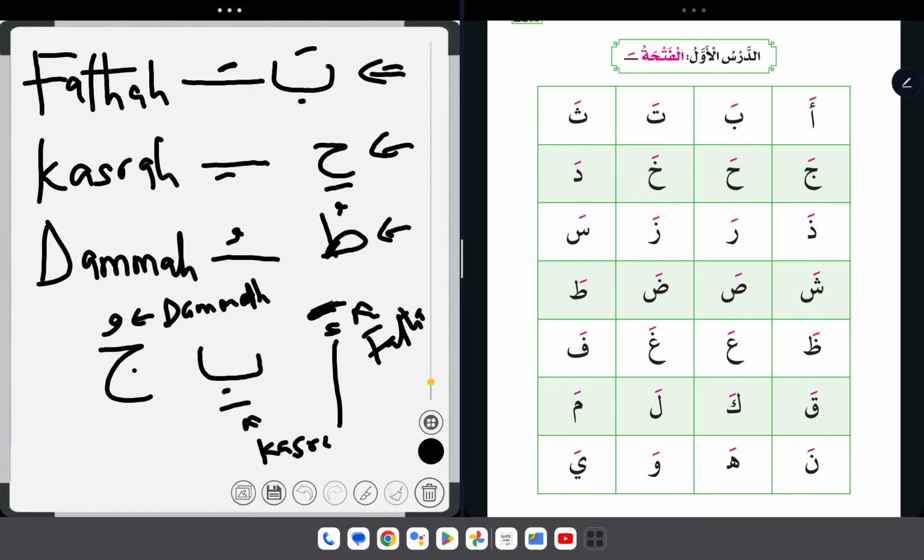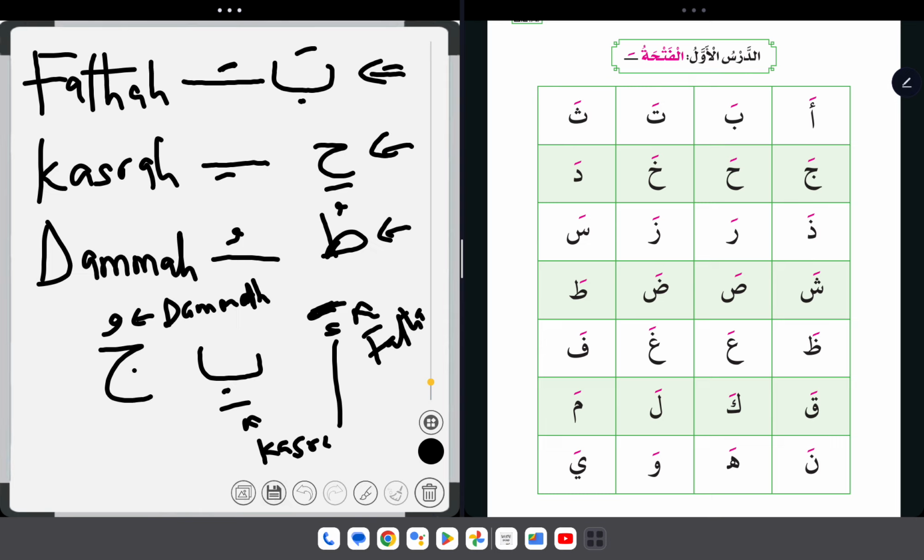All of these letters are carrying Fatha. So now we want to know, how does a letter sound when it carries a Fatha?